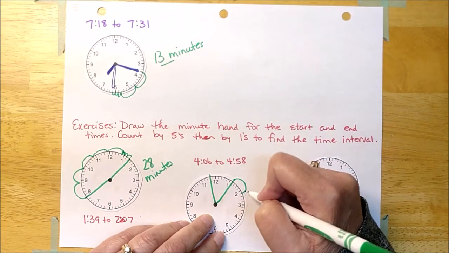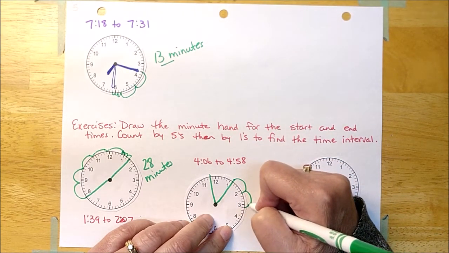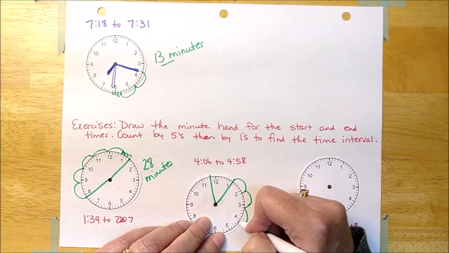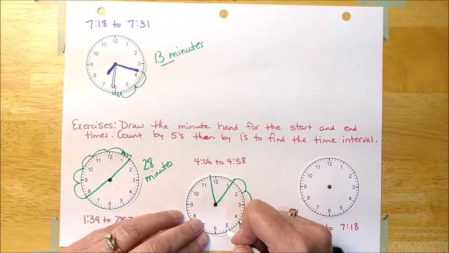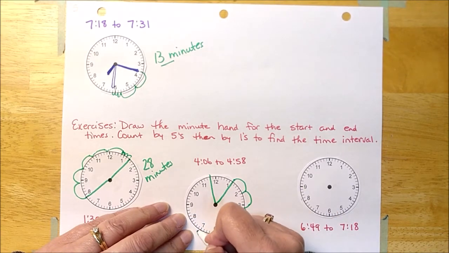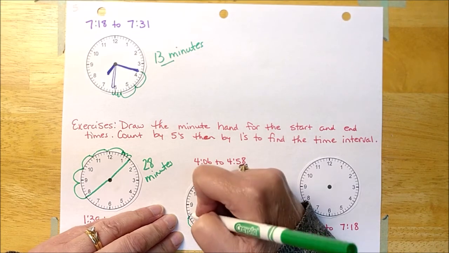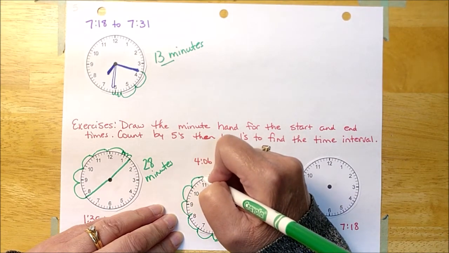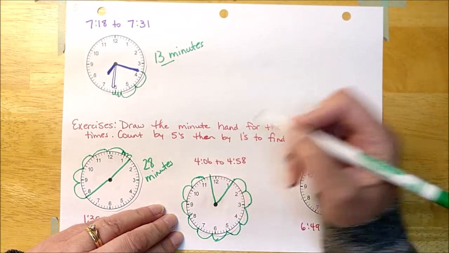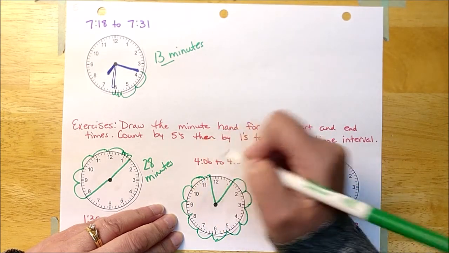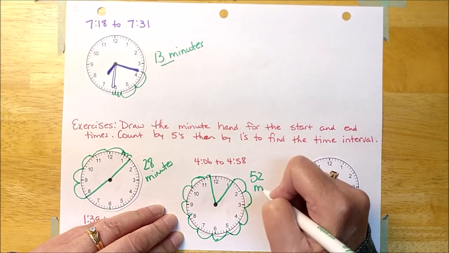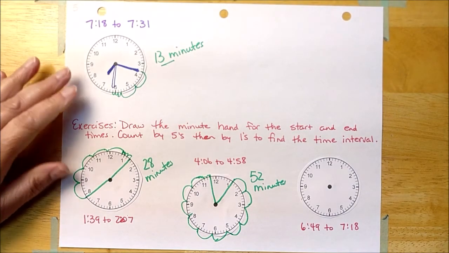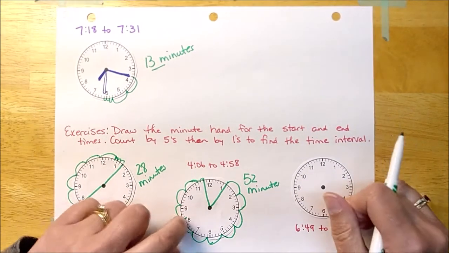So that would be 5, 10, 15, 20, 25, 30, 35, 40, 45, 50. And I can't keep on going, so I'm going to go 51, 52. 52 minutes has gone by. There's an interval of that. That was almost an hour. Hope you caught that one too.